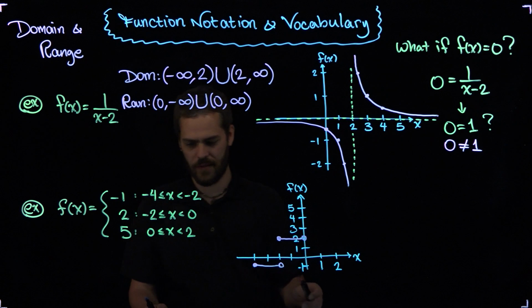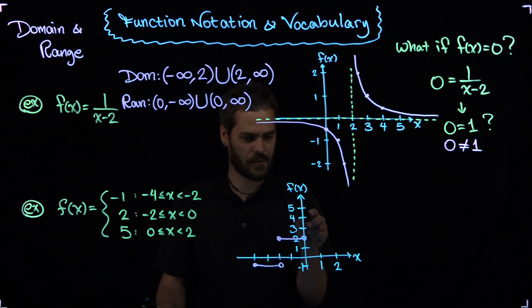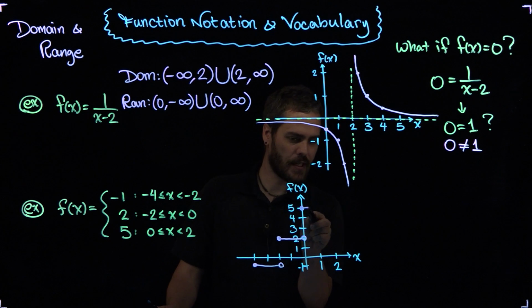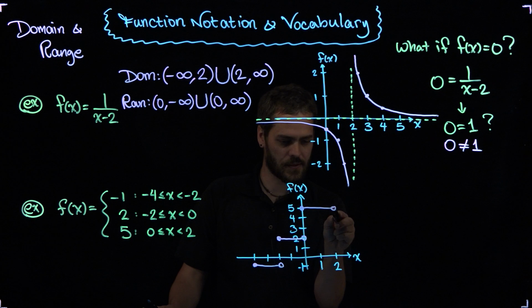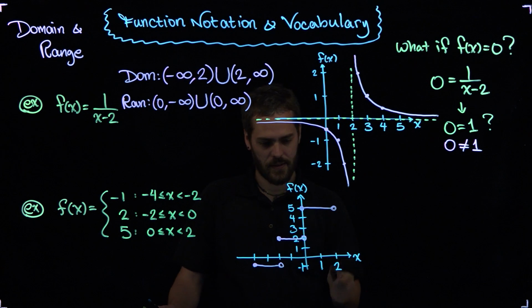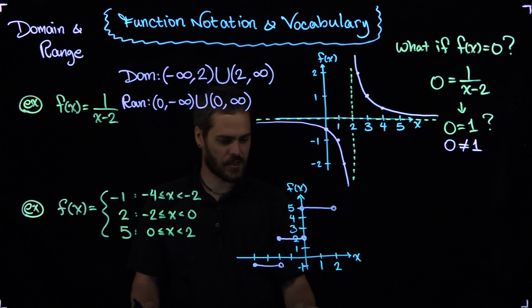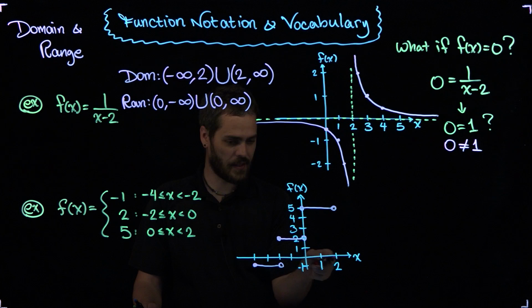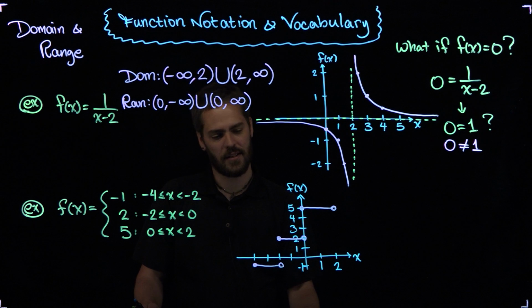Then f of x equals 5, starting at x equals 0, including 0, and out to 2, but not including 2, so I put, again, the open circle. So this stepwise function, we can actually say it's continuous from here to here because at the moment that it's open here, it's closed here. And at a moment it's open here, it's closed here, and so on.